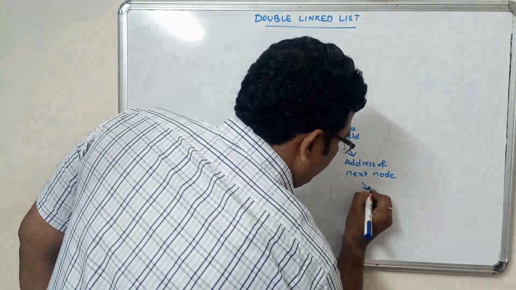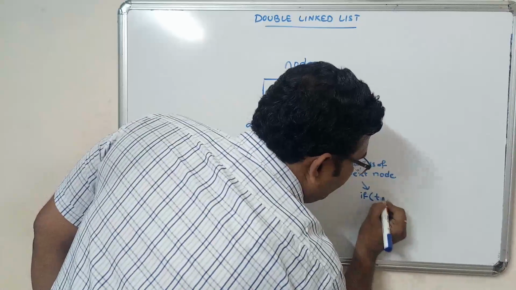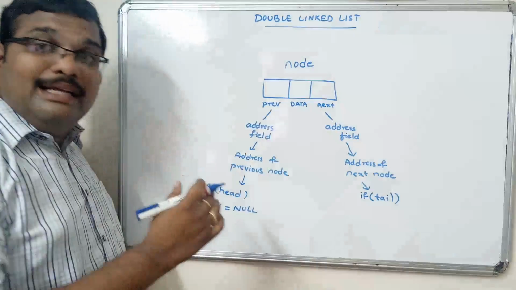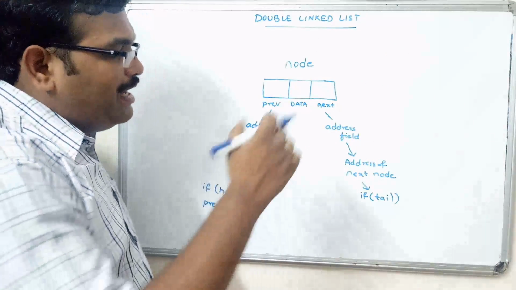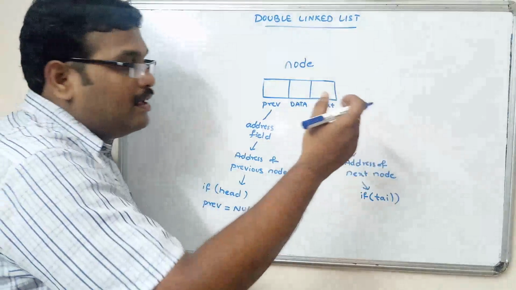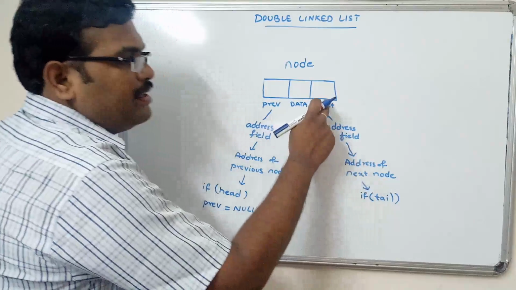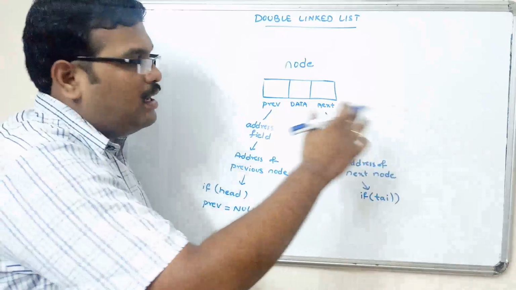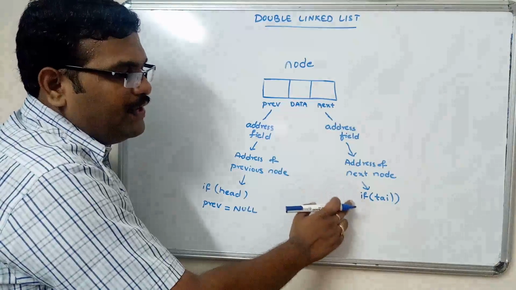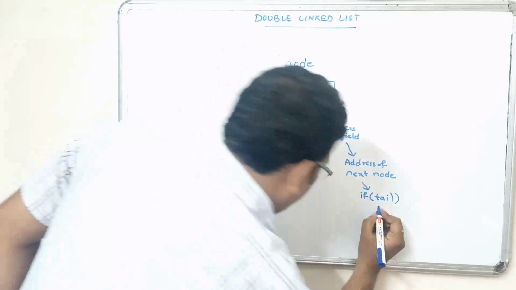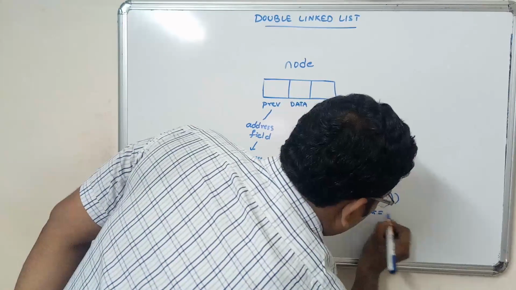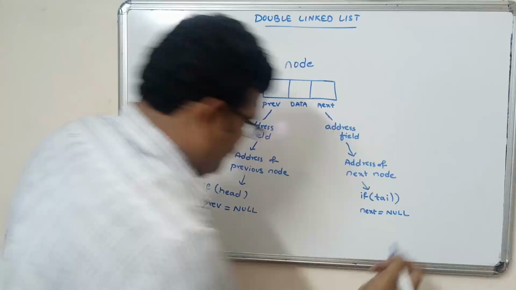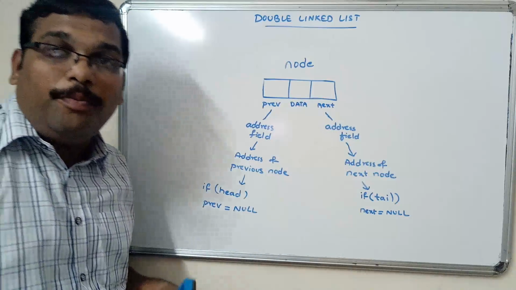If it is a tail, we know that a tail is the last element. If it is the last element, then there will be no other node, so the next field will be null. Hope you understood this one.